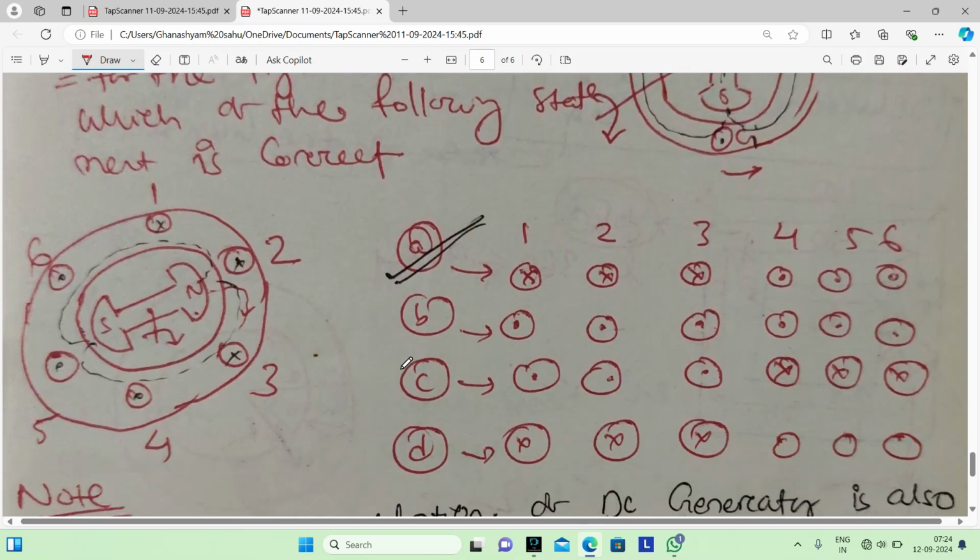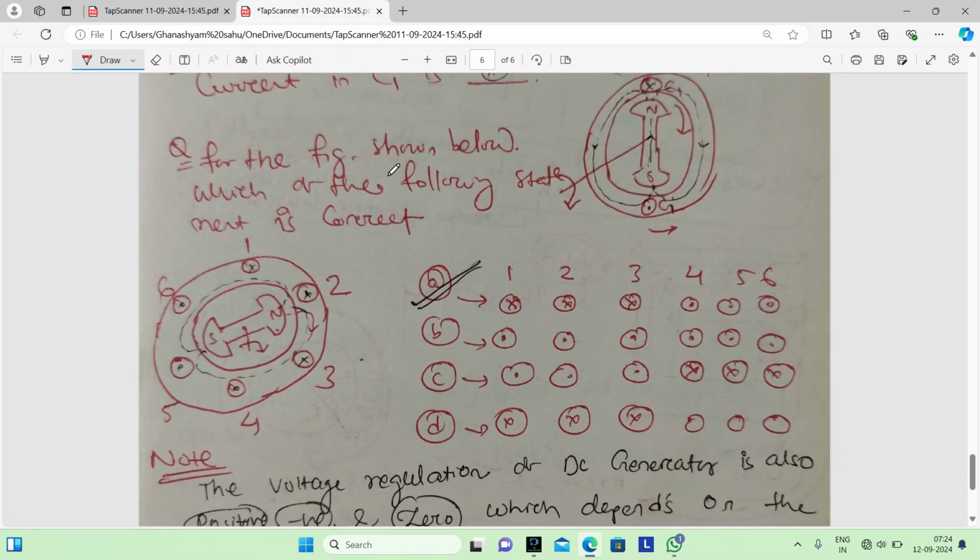Now see another question. For the figure shown below, which of the following statements is correct? There are 4 statements and 6 conductors, and the north pole and south pole magnets are moving in the clockwise direction. That's why we have to consider the anti-clockwise direction, like the previous case.